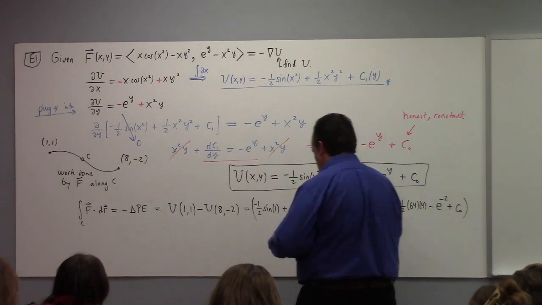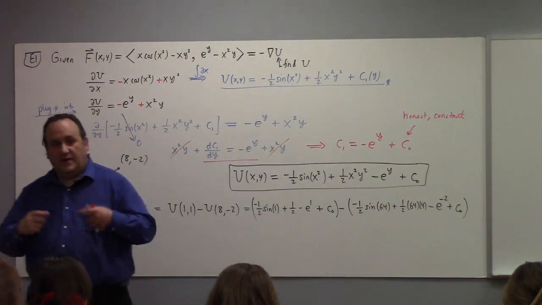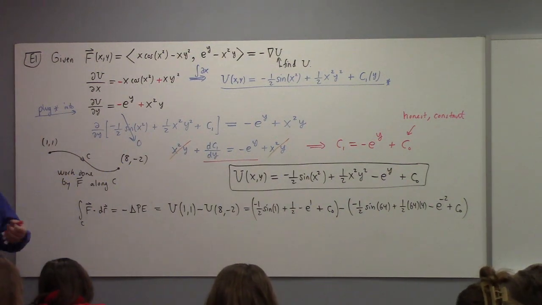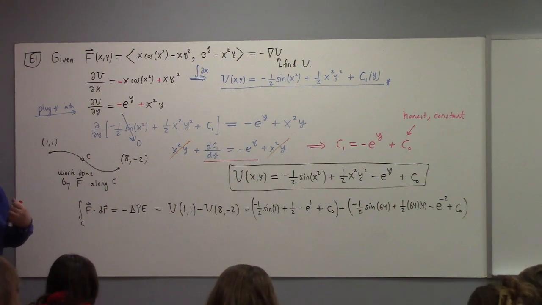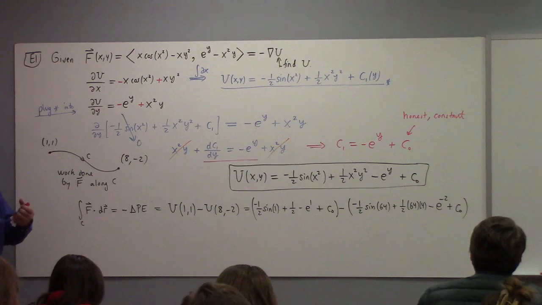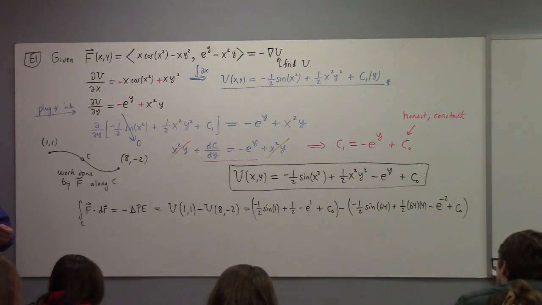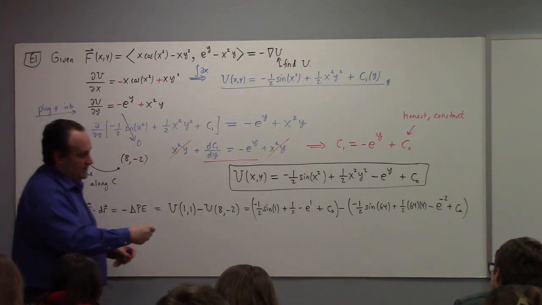You see that physically speaking, it doesn't matter what that constant is. When you actually go to calculate something directly physical like work, the constant cancels out. The choice of C naught is immaterial to motion and such. See that?